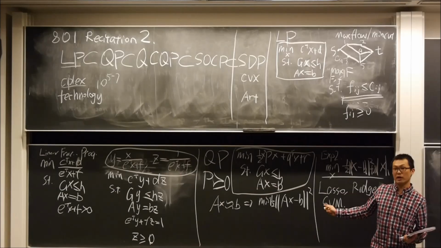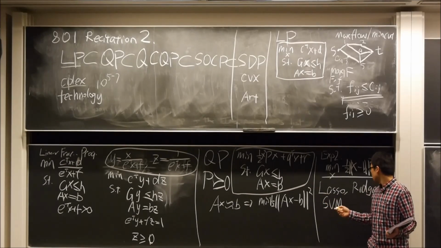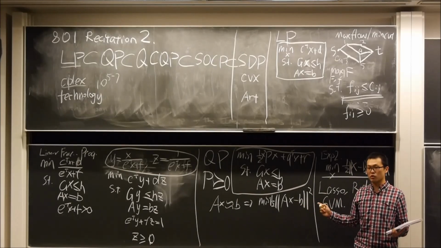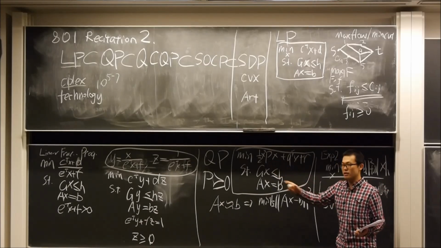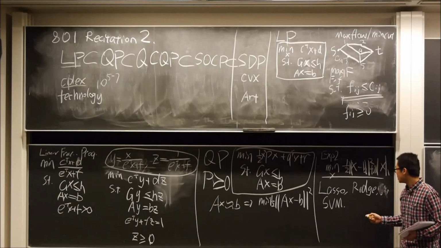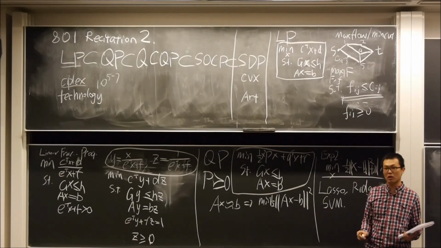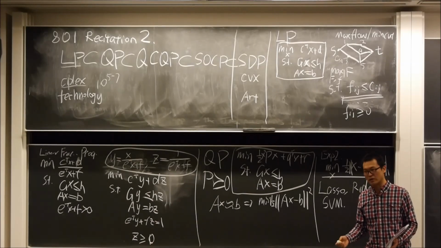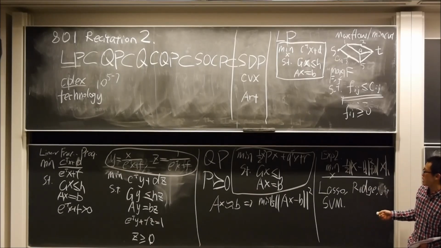For the ridge regression, the regularization is quadratic, so it's QP. And both these two terms are quadratic. We can combine them together into a single quadratic P, and then they can be transformed into the standard form of QP. And for lasso, it is basically this plus an L1 norm. And the L1 norm is only a linear objective, so it doesn't change anything.